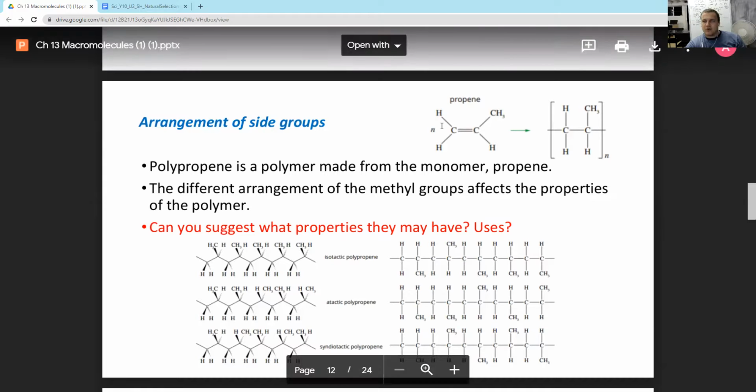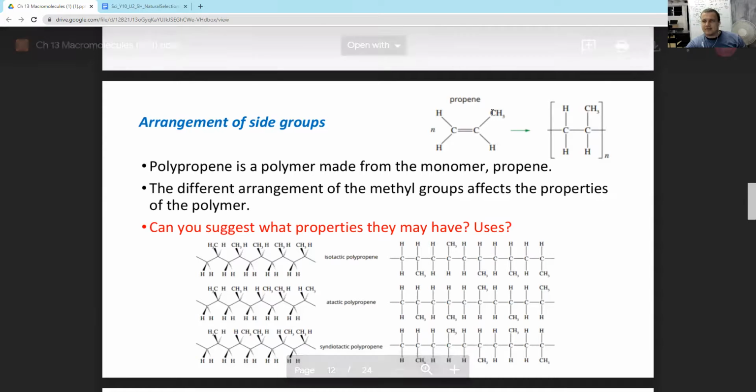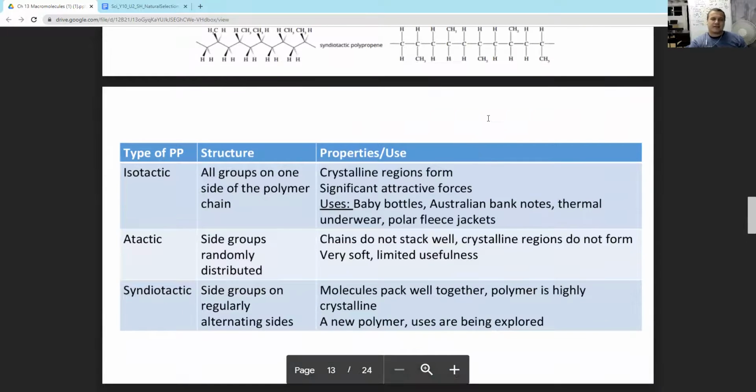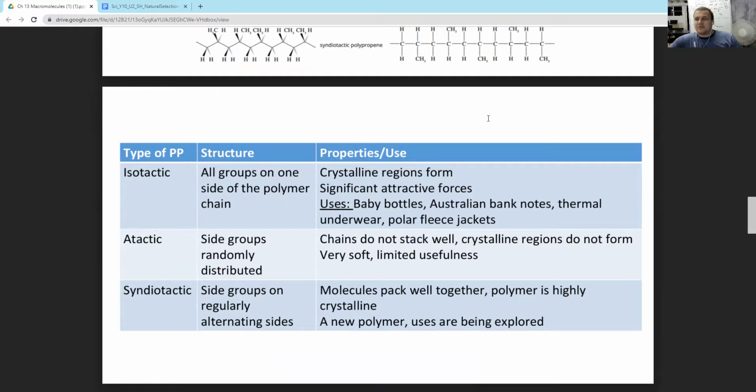Just remember, propene has 3 carbons. So isotactic, they're all on this one side of the polymer chain. This means that they can pack pretty closely together, but it doesn't have the same crystallinity as the others.